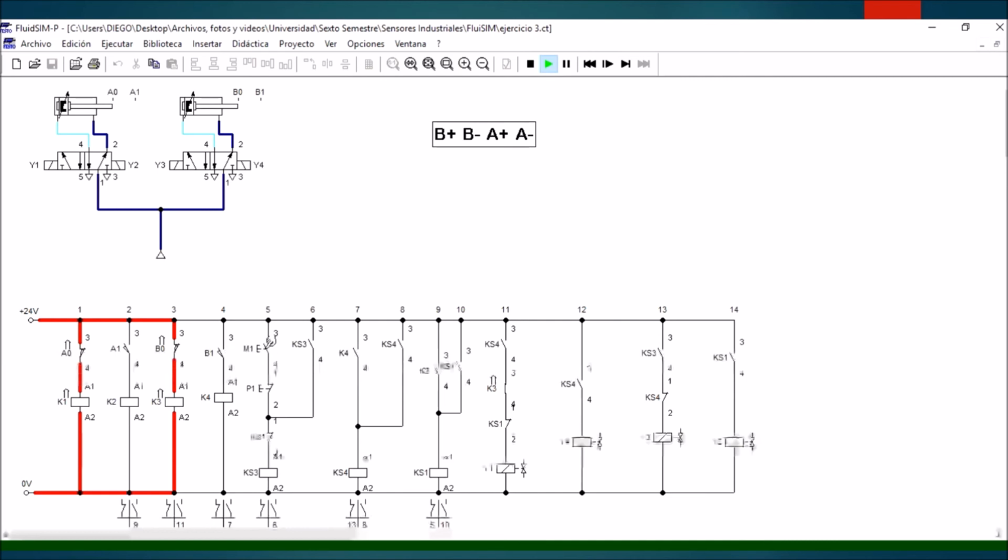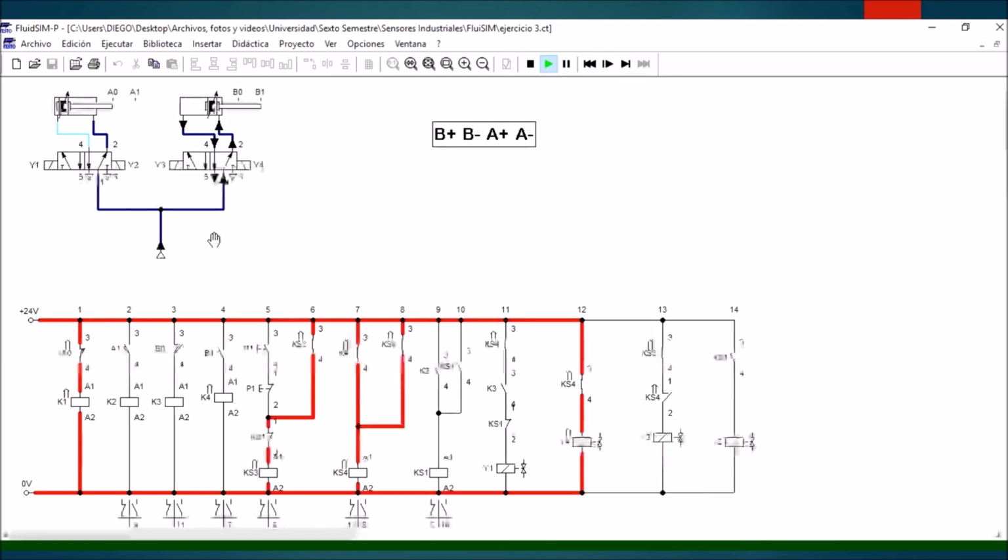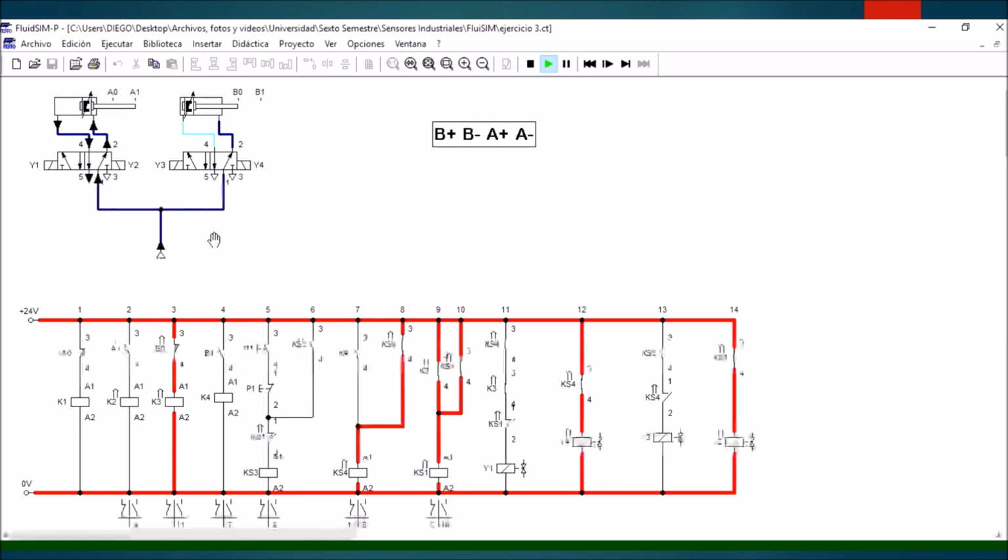I press start, and we see the electropneumatic sequence of the cylinders: B plus, B minus, A plus, A minus.